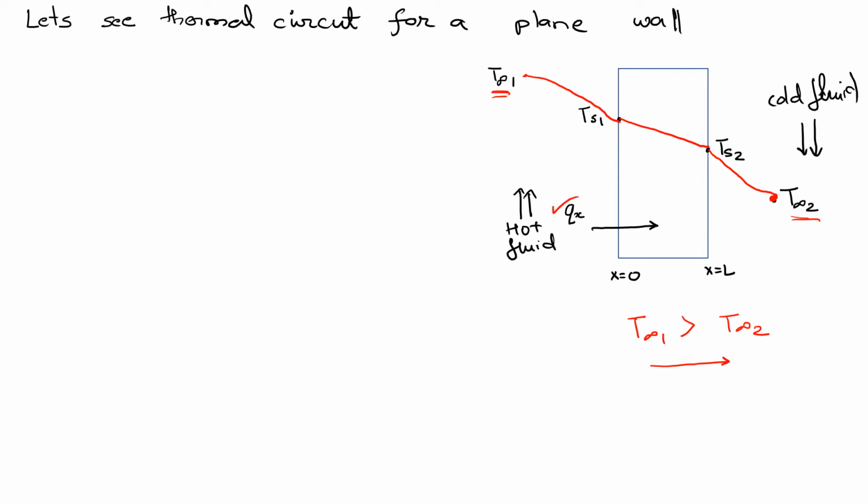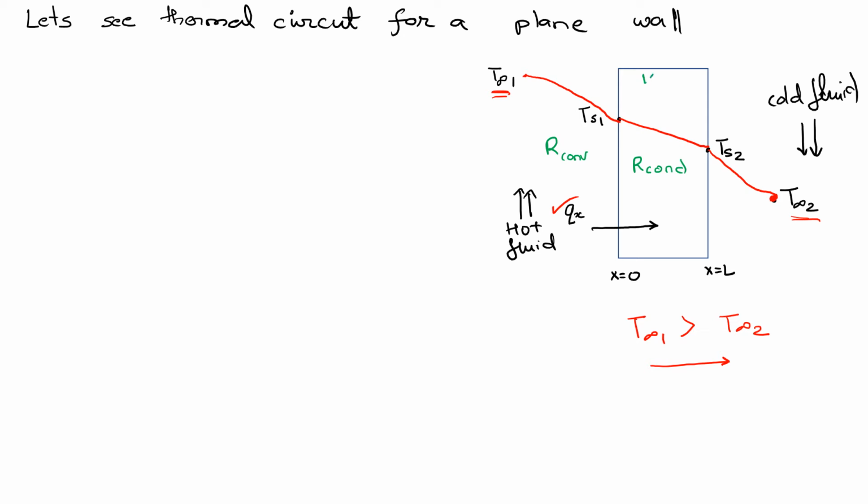Okay, so we have a resistance to the heat flow Qx due to convection in this region here. Sorry, we have a resistance due to conduction due to the thickness and the material of the wall.